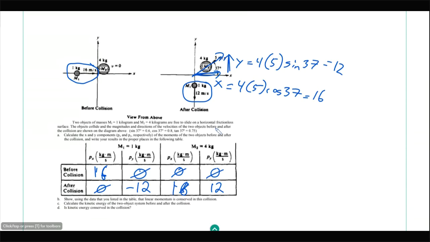Now we're asked to do, so we fill out the table, we found momentums and all those things. We're supposed to show that linear momentum is conserved. So conservation of momentum, we should be able to say for part B, P before in the x direction equals P after in the x direction.